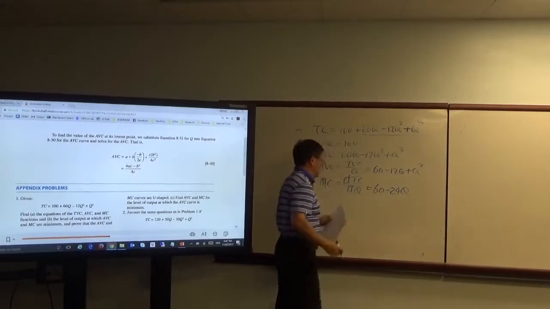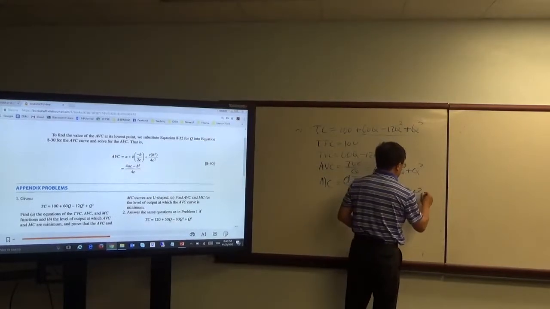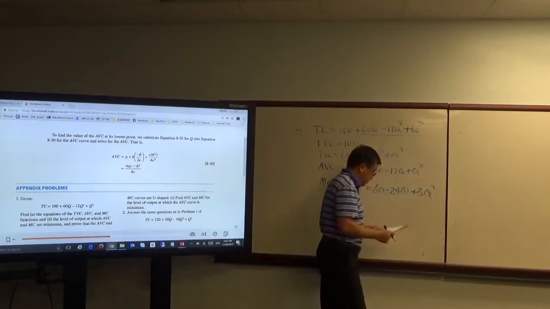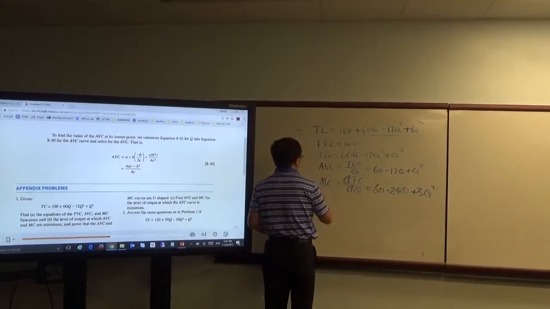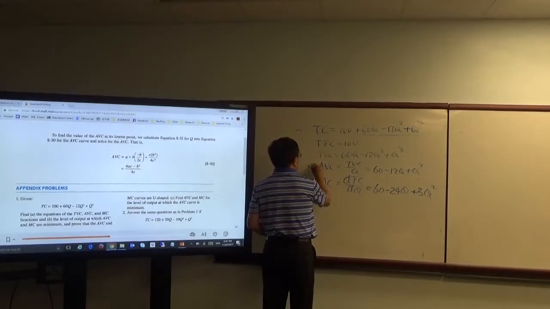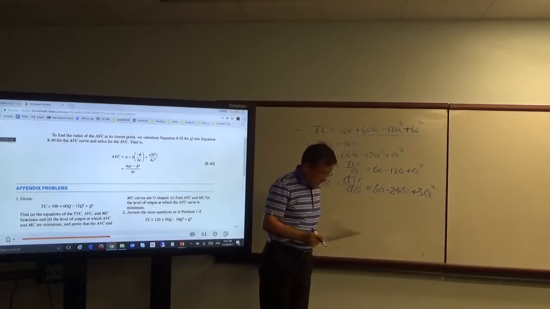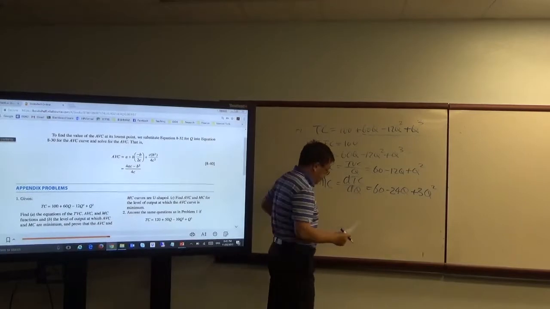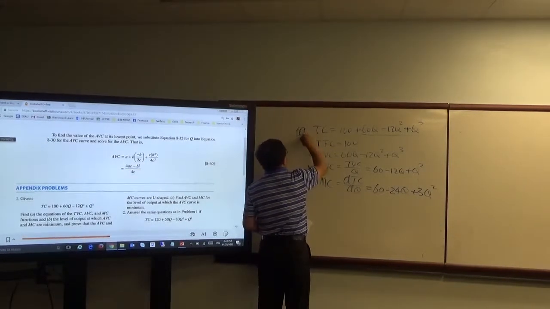And plus 3Q squared. So that's the marginal cost. So we have marginal cost, average variable cost, total variable cost, and total fixed cost. So we're done with part A. Now part B.